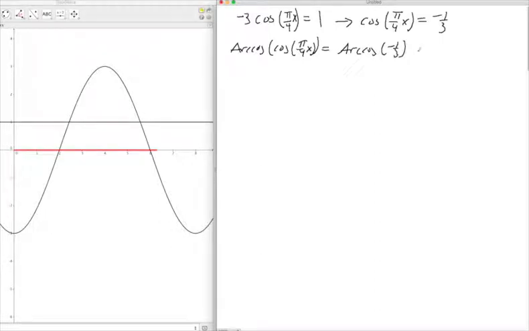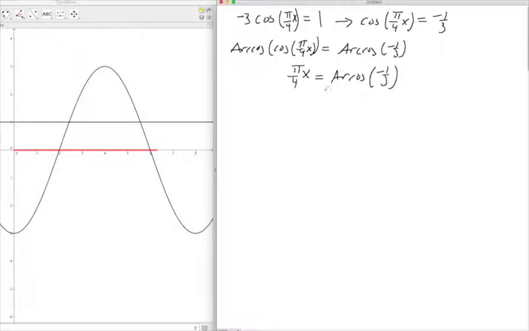And you notice what I did? It's almost equivalent to dividing both sides by 2 when you're solving a simple equation. I've taken the arc cosine of both sides of the equation. And now, the arc cosine of the cosine is simply pi over 4x equals the arc cosine of -1/3.